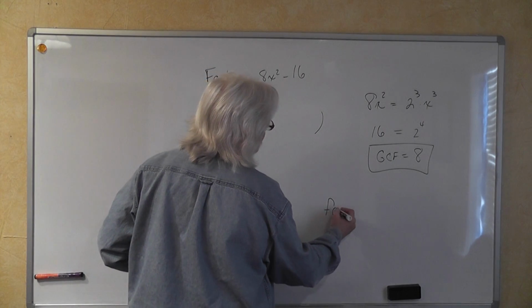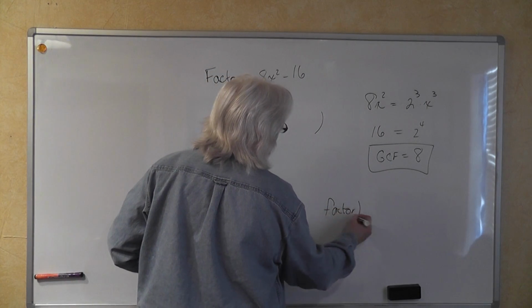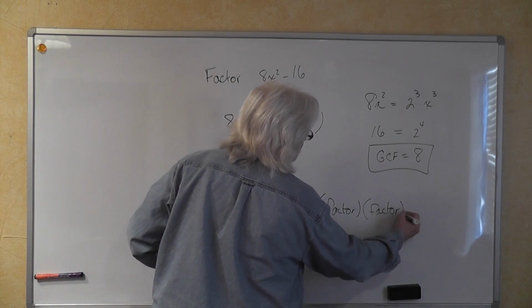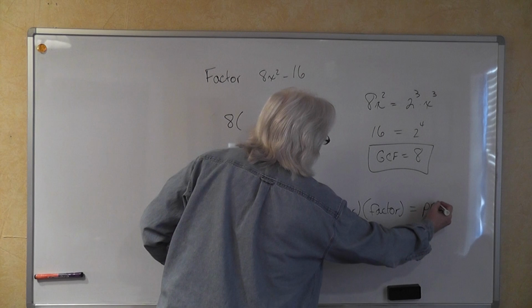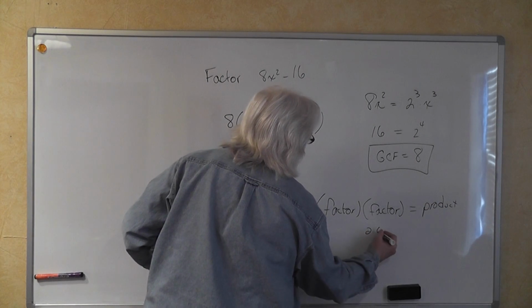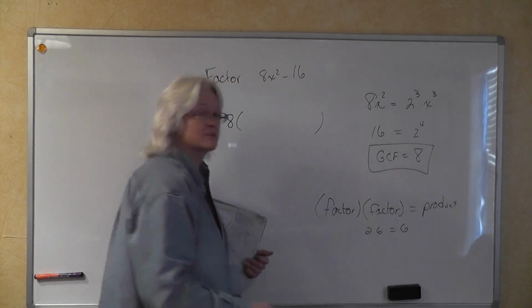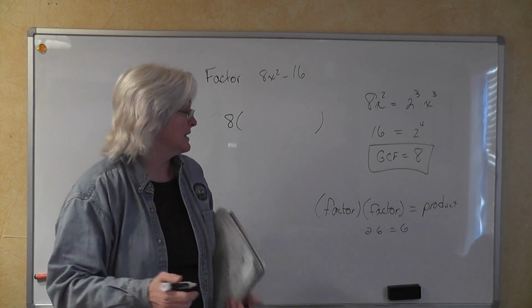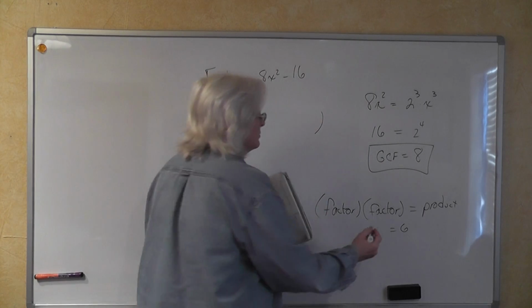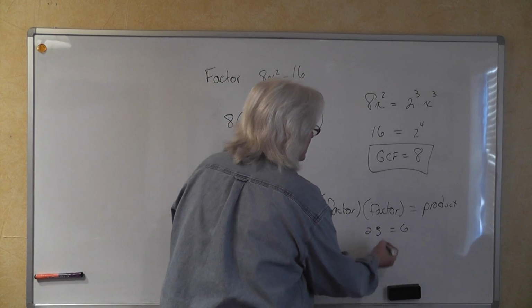So, factor times factor is equal to product. An example here would be 2 times 3 is 6. The factors of 6 are 2 and 3. 2 times 3 is 6.